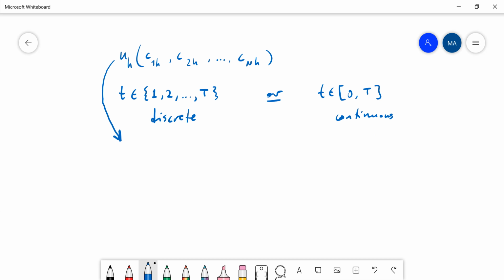Well, then we must have something like this, right? So remember that income was about the endowments, right? So P1, E1H, P2, E2H, right? These were the endowments.